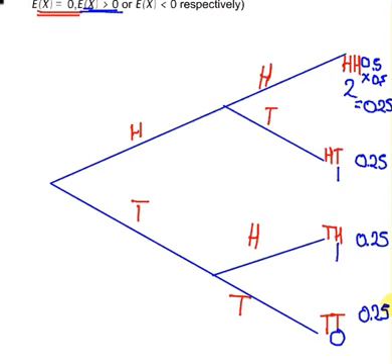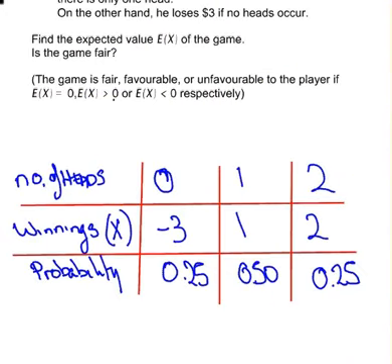So what we're going to do now is set up a little frequency table, a probability distribution table, and that is going to be the basis for answering this question. So first off, we have the number of heads, 0, 1, and 2, and also we are interested in the winnings that correspond with the number of heads. So if there are no heads, we lose $3.